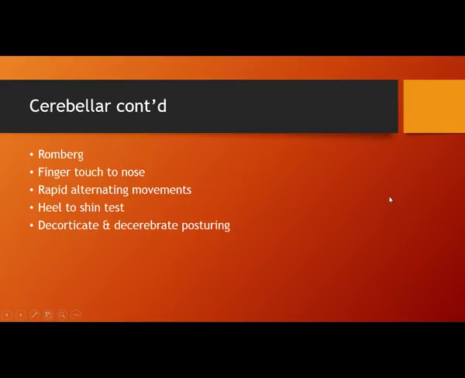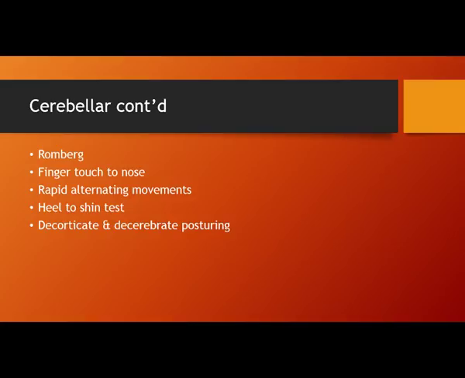And then we're going to do the Romberg test, which is just asking them to close their eyes. We already talked about that. Be sure to ask them to hold their balance while they're closing their eyes, and observe for swaying, and be sure to be ready to catch them.